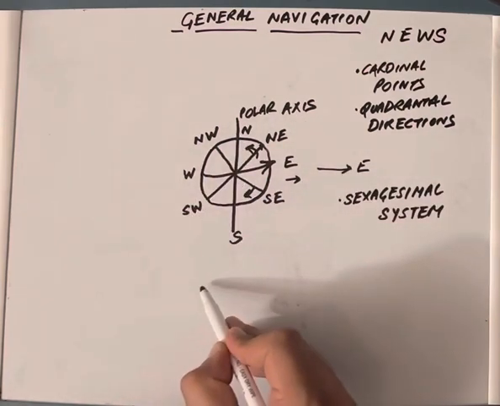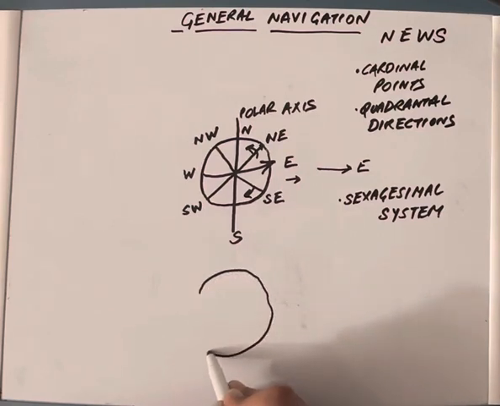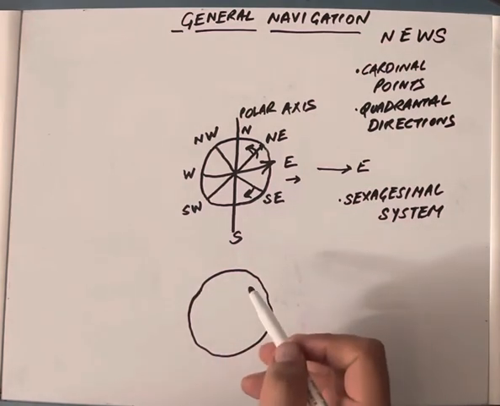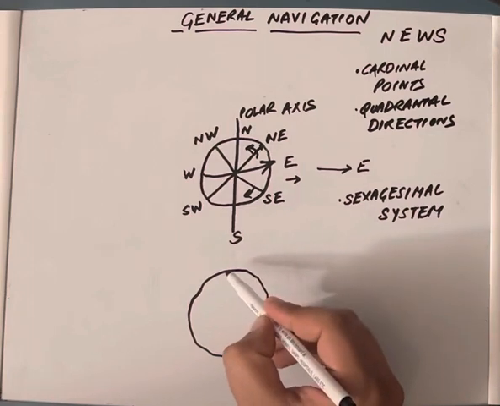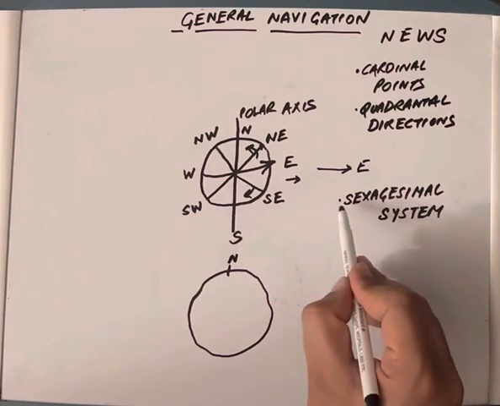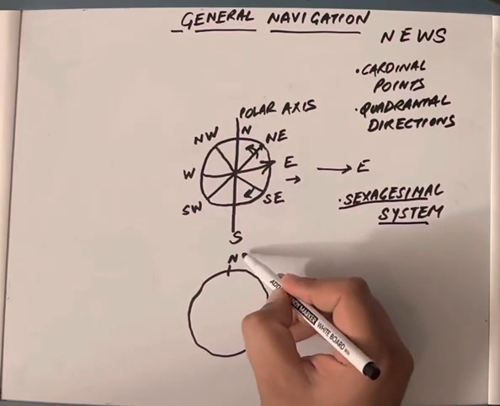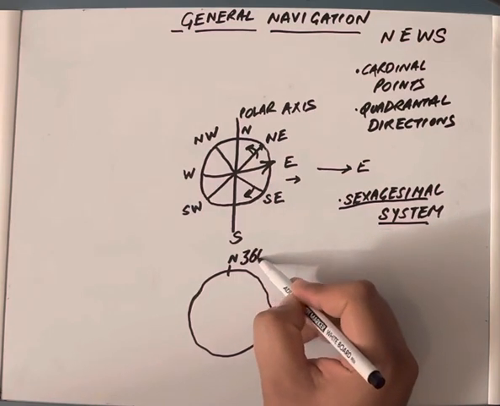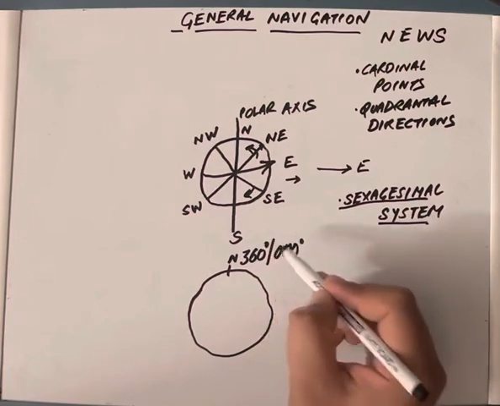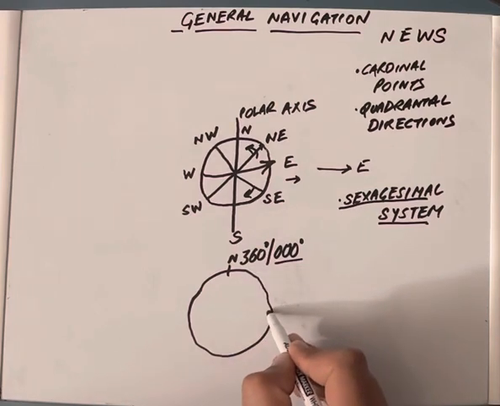Let's draw the earth again. I'm just trying to draw it as round as I can. After all, earth is not a perfect sphere. So if we start from north that we defined earlier, in the sexagesimal system, the north is represented as 360 or 000 degrees. So we begin from 000, then we go towards the east.